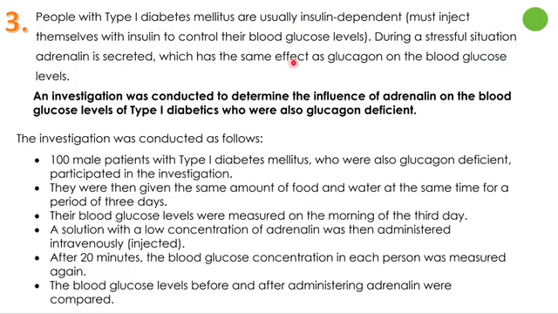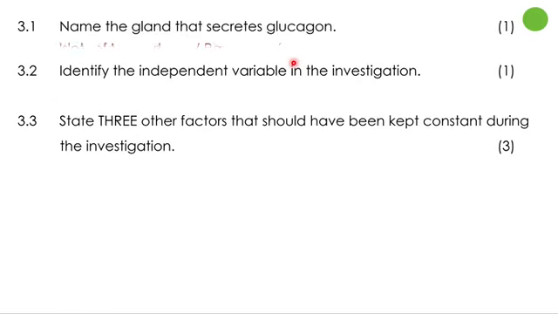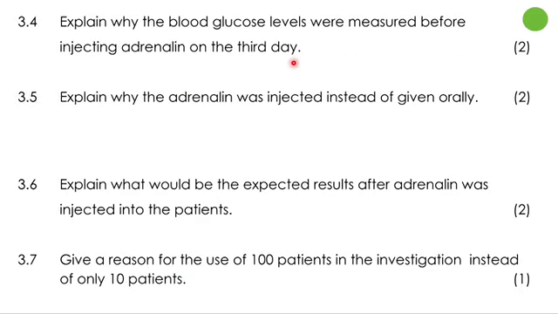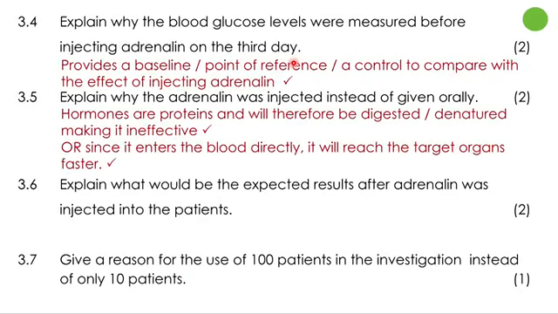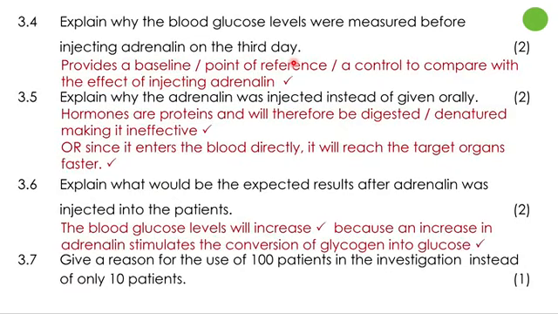What will be the effect of adrenaline? It will most definitely increase the blood glucose level because it has the same effect as glucagon. So the blood glucose levels will increase because an increase in adrenaline stimulates the conversion of glycogen to glucose. And this is an explain question. That is why it's answered like this: cause and effect.